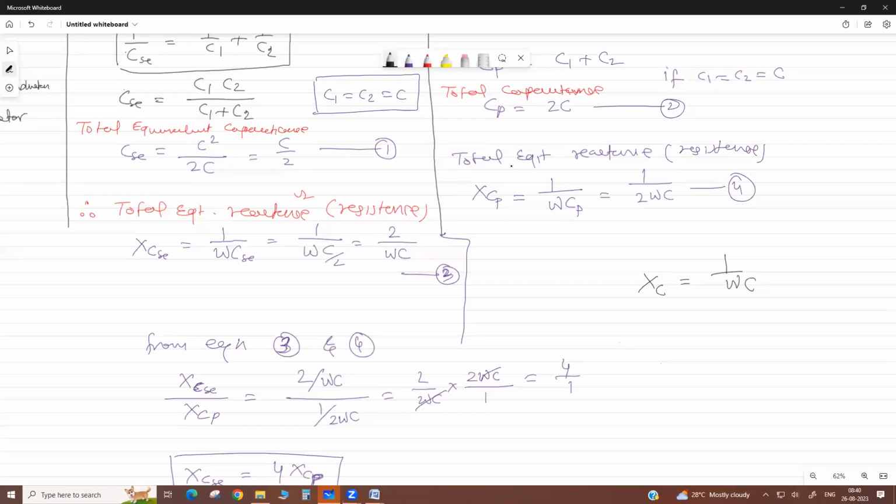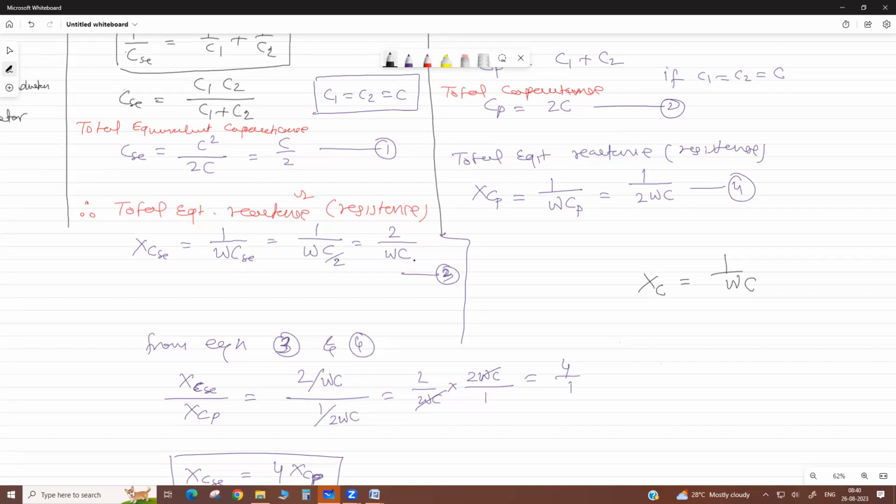P means total equivalent parallel, P stands for parallel circuit and S for series. Look, in the last step we put the CS value as C/2, so this became that. Here we put the CP value as 2C, so it is 2.